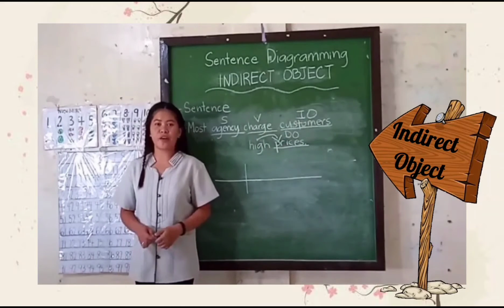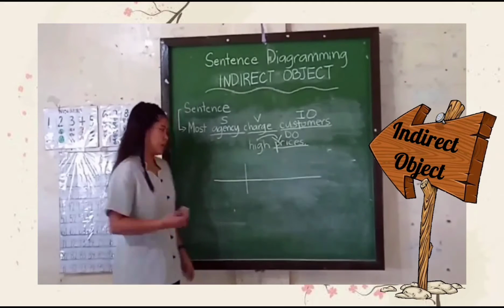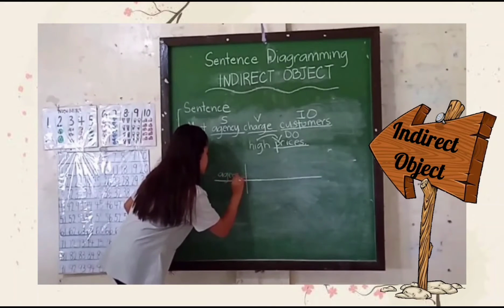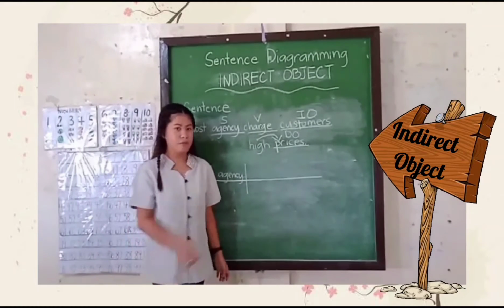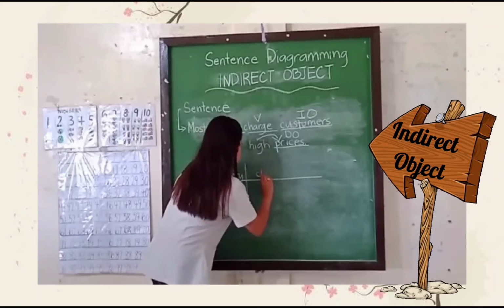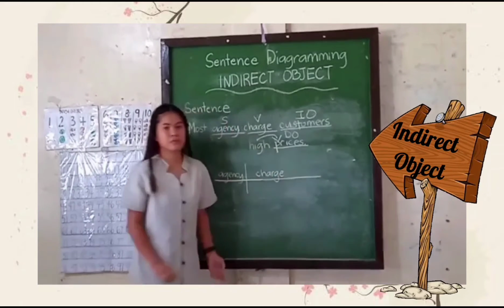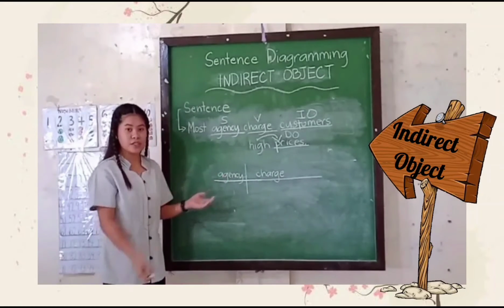Now, when we diagram this one, we have agency, our subject, and charge is our verb, with the word most under agency.